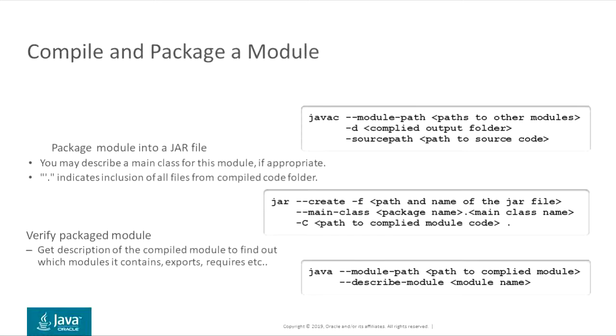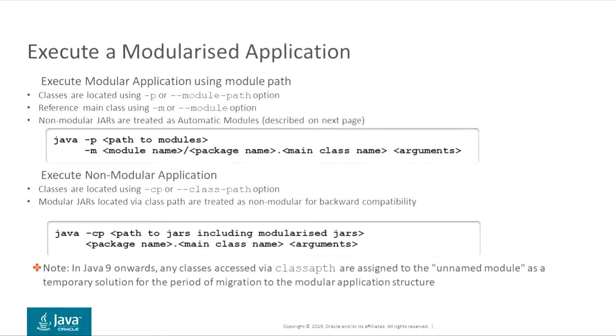You can verify the packaged module by pointing to the module using the module path and doing this: describe module, and which module you would like to describe. That prints back the structure of the module, what the dependencies are, etc. If you want to execute a modularized application, you can use the module path, which is how you're supposed to do it, and point to the module name.